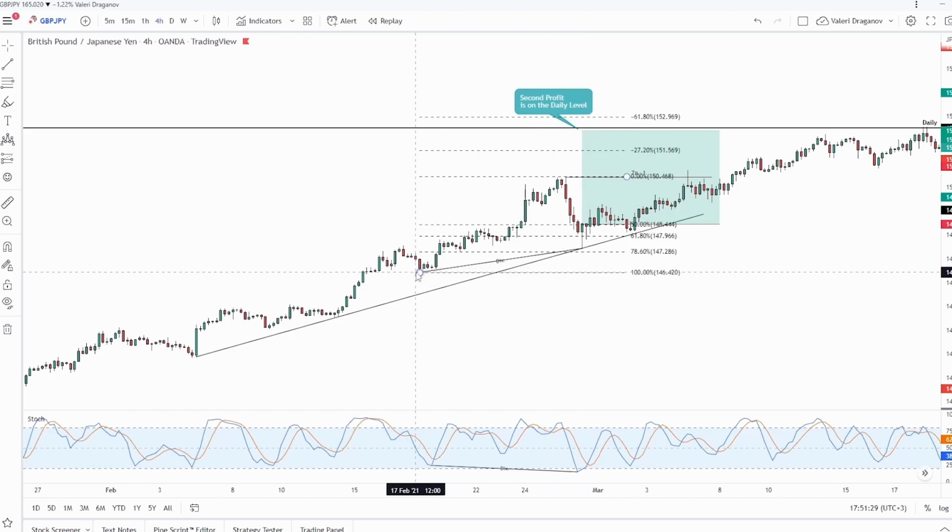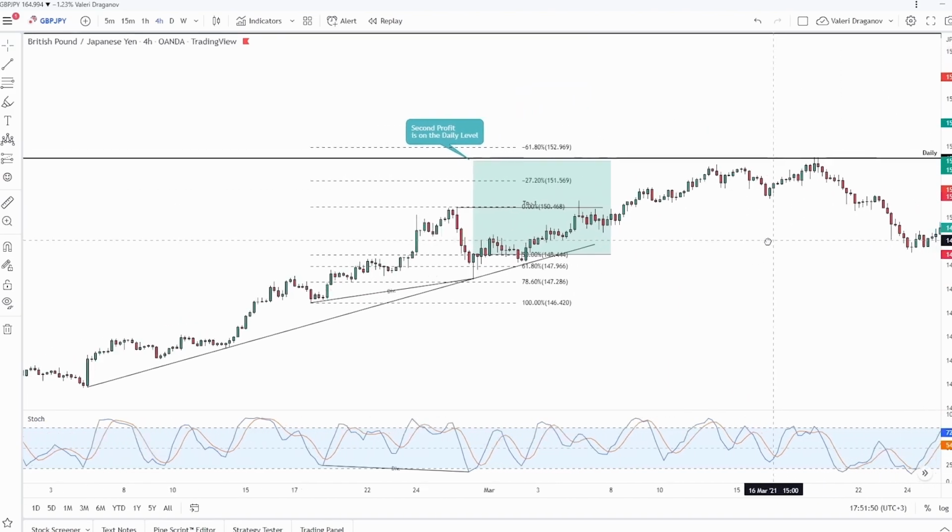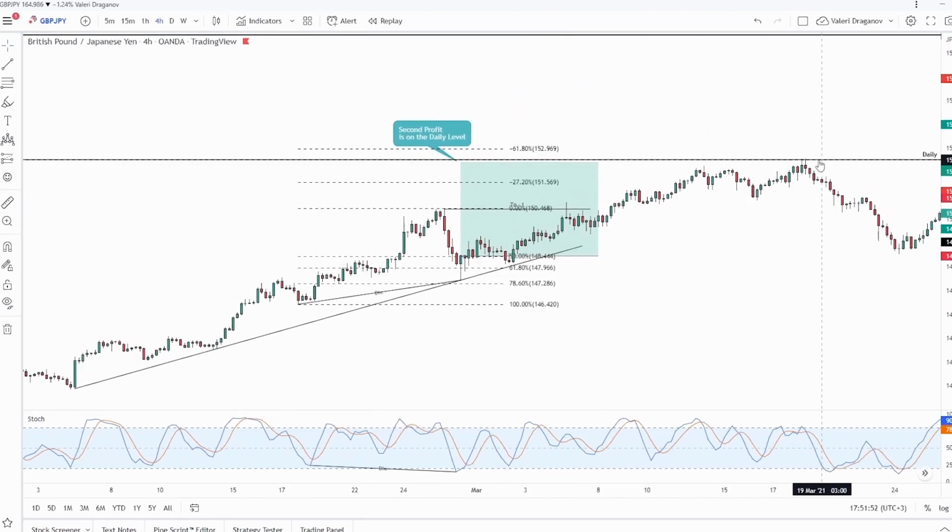Then we apply Fibonacci to see if there is a confirmation by Fibonacci retracement. We look if there is a third point on the trend line, and that will make us more confident of our deal. So we are entering a long position, and as you can see, the price continues its upward movement and our second take profit is hit.